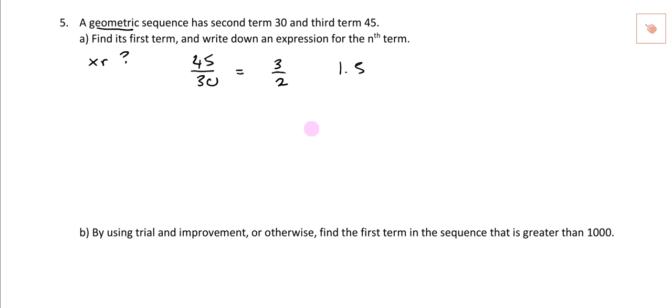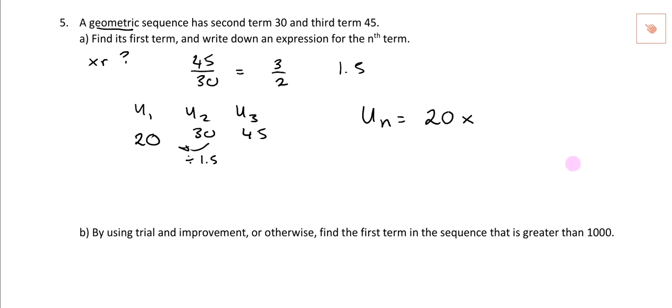To find u1, I take 30 and divide by 1.5, and I get 20. So the expression for the nth term is un equals 20 multiplied by 3 over 2 to the power of n minus 1. You might have 1.5.